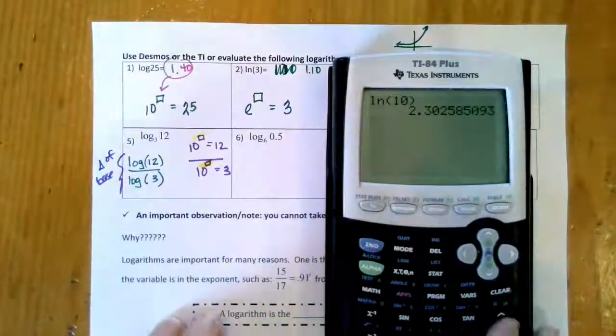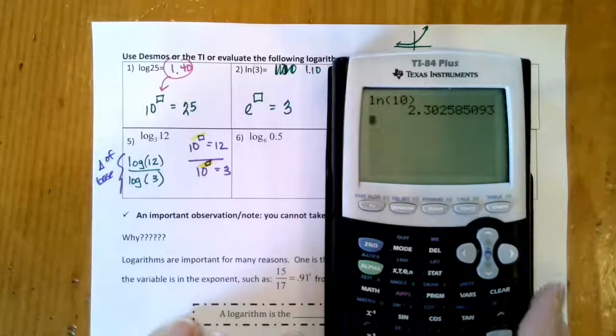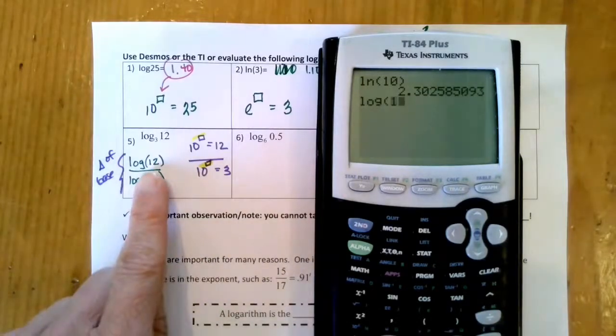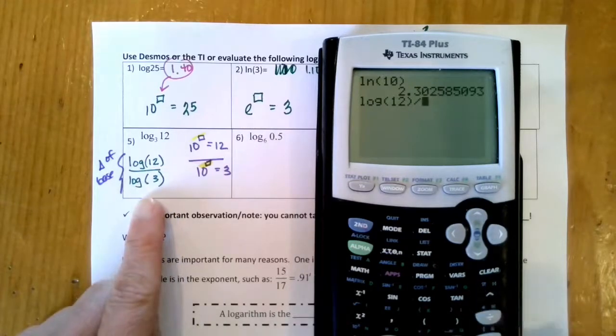So when I go to my calculator, I can say, all right, I have the log of 12, close parens, divided by the log of 3.